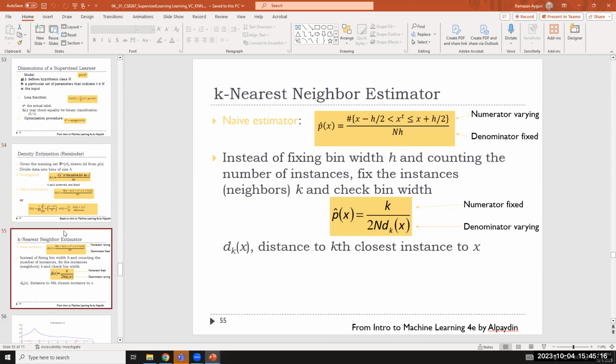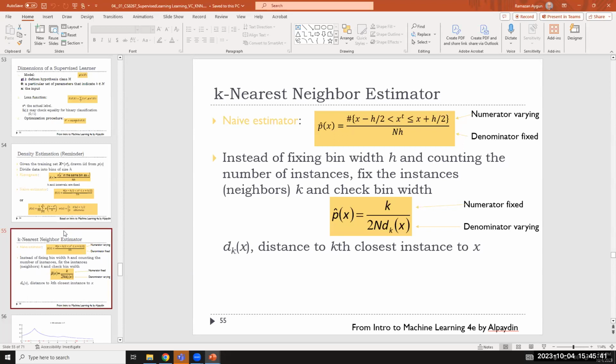In this one, there is something called the k nearest neighbor estimator. In the previous cases, the denominator was fixed. Now we fix the numerator. The numerator is k, the number of nearest neighbors.